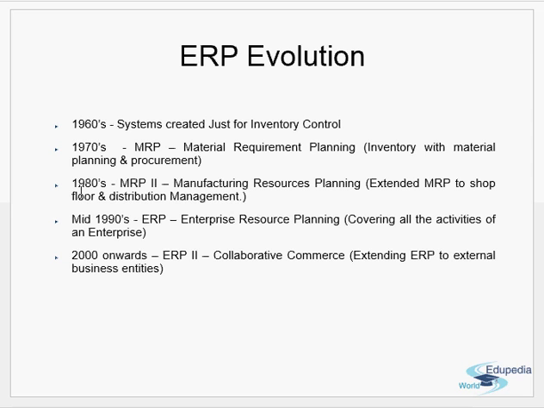In the 80s, they came up with MRP2, that is manufacturing resource planning, extending MRP to shop floor and distribution management. Then in the mid 1990s, they came with ERP, enterprise resource planning, which covers all the activities of an enterprise. And from 2000 onwards, they have come with ERP2, the collaborative commerce, extending ERP to external business entities.